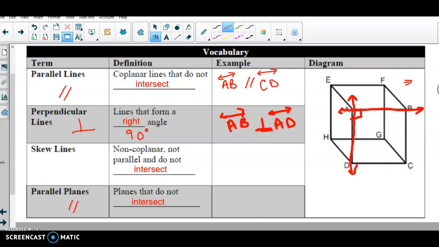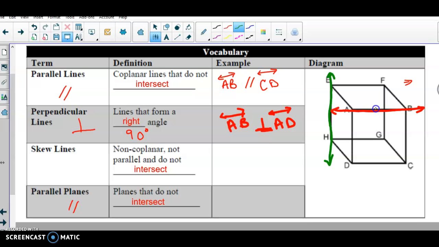All right, now skew lines. This is one where they're neither parallel nor perpendicular. So if I'm talking about AB again, a line that will never cross it would be maybe EH, because even when I draw it on paper, it looks like maybe those are going to cross, but they're in different planes.